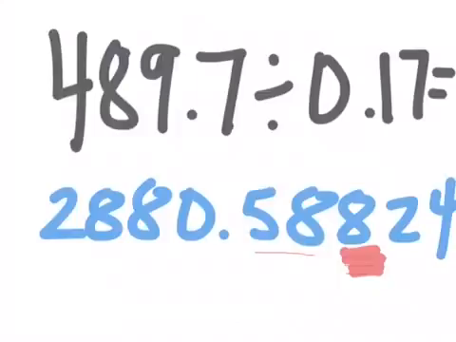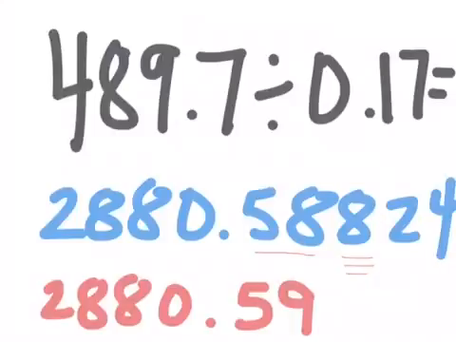If it's smaller than 5, so 4, 3, 2, 1, or 0, your number is going to stay the same. So in this case, because we looked at the 8 here, our answer is going to be 2,880 and 59 hundredths, because the 8 is going to make the 58 hundredths bump up to 59 hundredths.